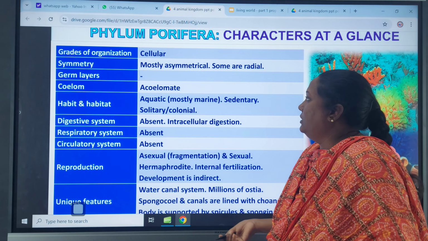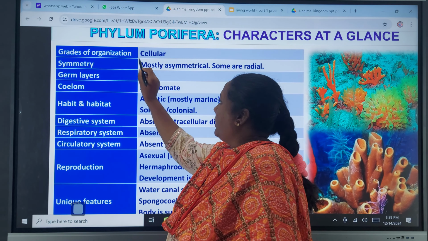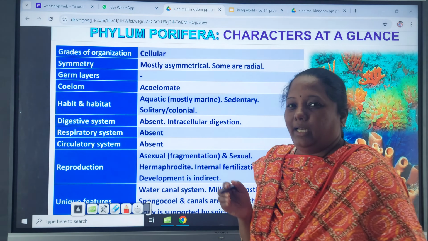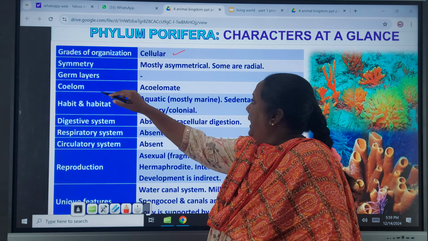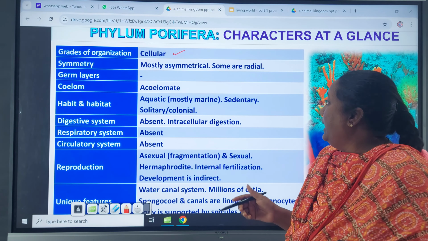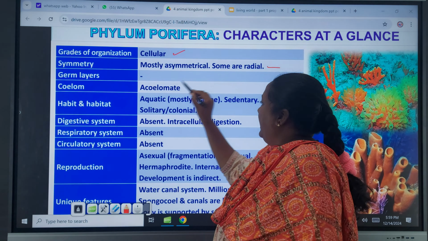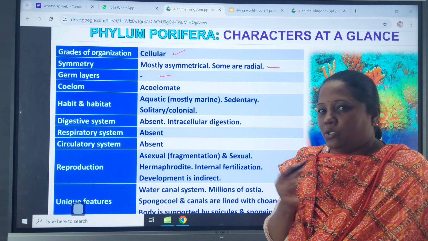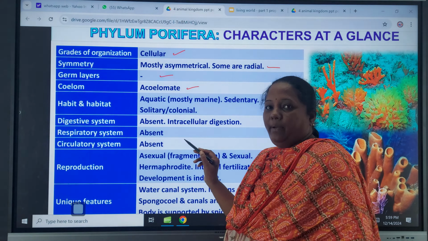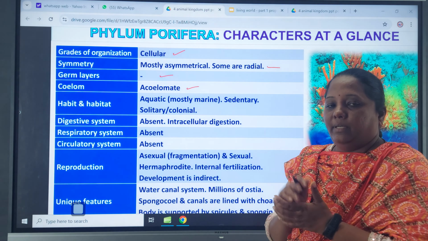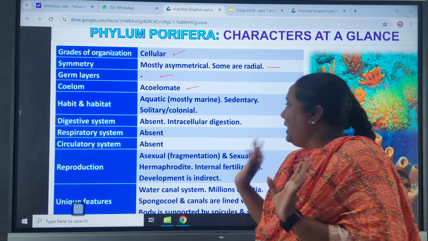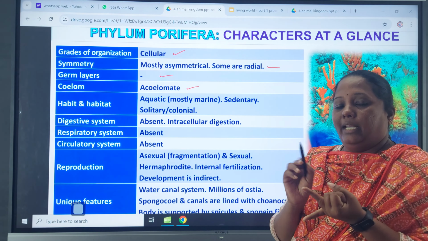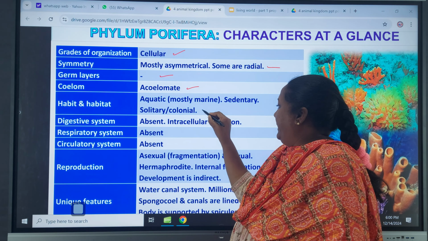The level of organization in porifera is cellular, and symmetry is mostly asymmetrical and some are radial. Germ layers are absent. Coelom is absent, acoelomate. Next, the habitat is mostly aquatic, meaning it lives in both fresh water as well as marine water. And they may be sedentary, colonial or solitary.